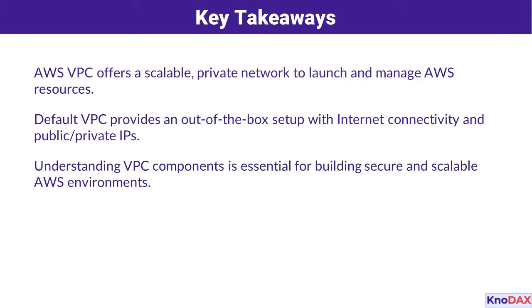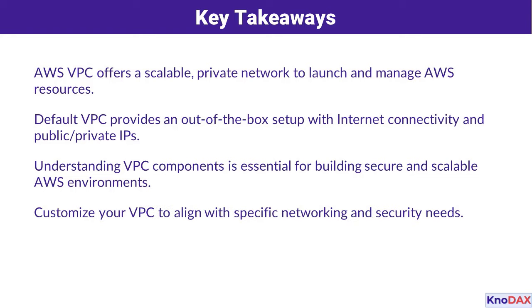Third, understanding the various components of VPC, such as subnets, route tables, and internet gateways, is essential for creating secure and scalable network architectures. Finally, customizing your VPC gives you greater control and flexibility, allowing you to tailor your network to specific security, scalability, or performance requirements. Mastering AWS VPC is a key step toward designing efficient and secure cloud environments that meet your organizational needs.